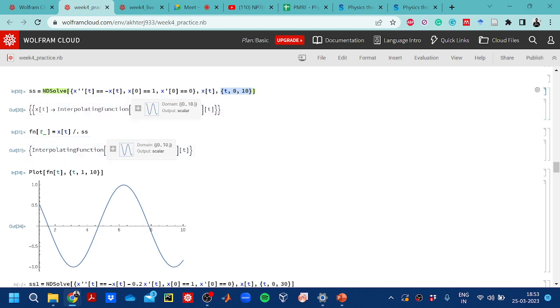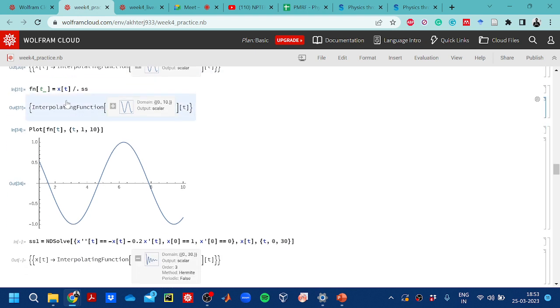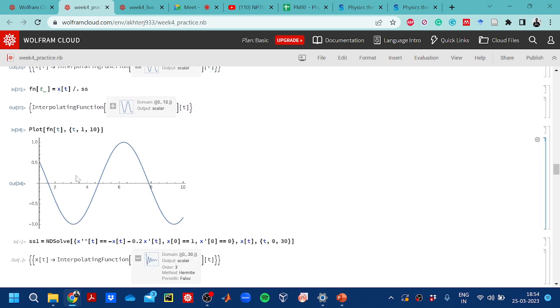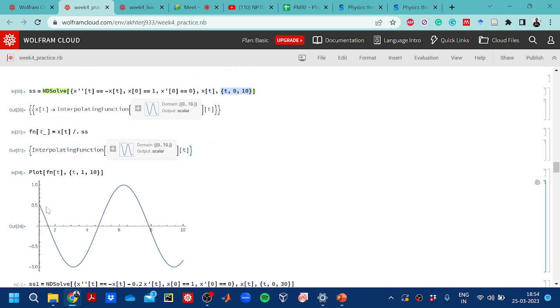And when we are doing this NDSolve, NDSolve is basically numerical solving. So to numerically solve this, we have to specify the range of t. So we are specifying that in this time range we want to know how x is a function of time. If we execute that and take the solution and plot this, then we can see that we get the solution of x.